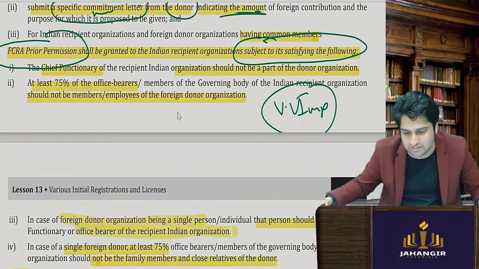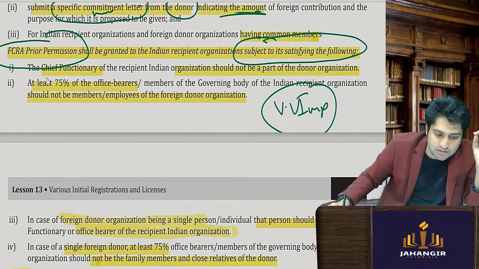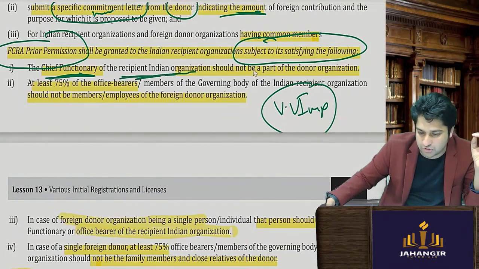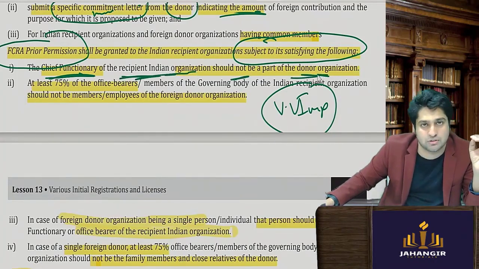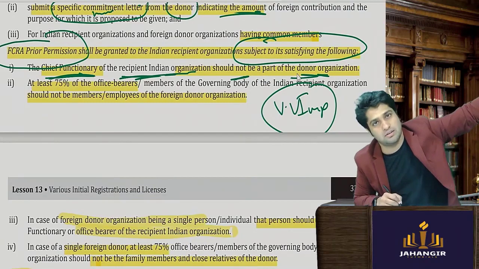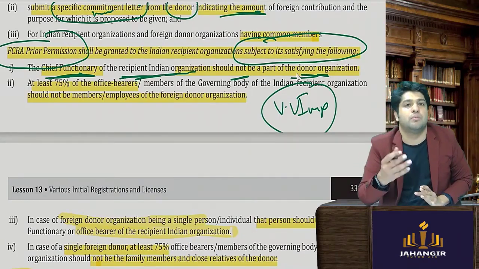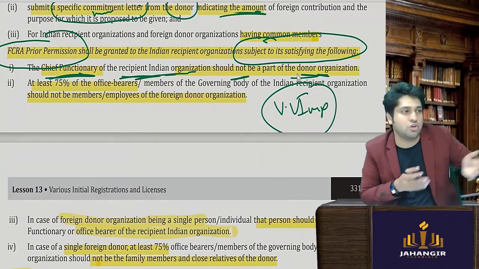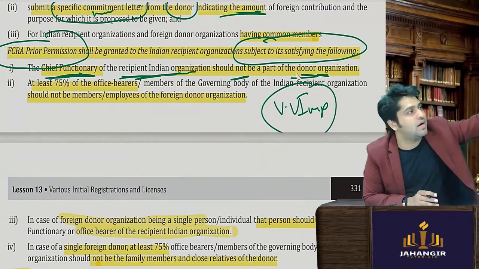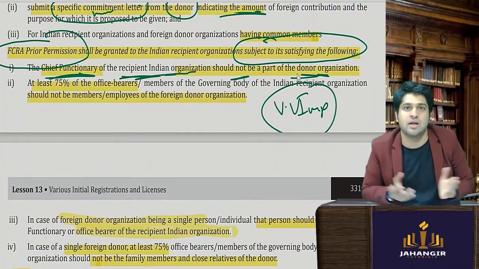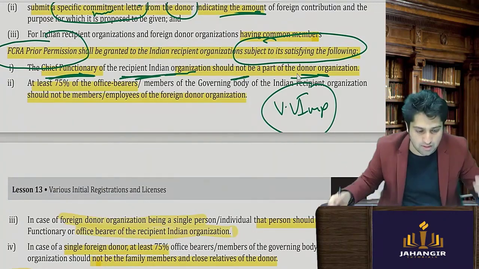So to ensure that we have these conditions, the chief functionary of the recipient Indian organization should not be part of the donor organization. So donor and donee cannot be the same, because that means you are doing money laundering. Then वहाँ का पैसा you are getting it in India and I am only donating here and getting all the benefits. No, not allowed.